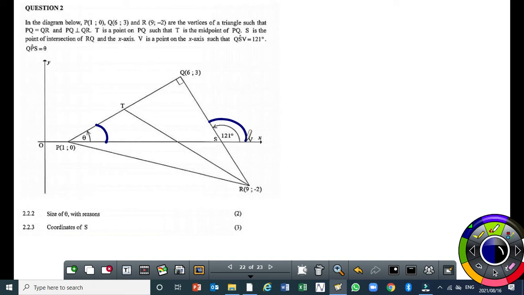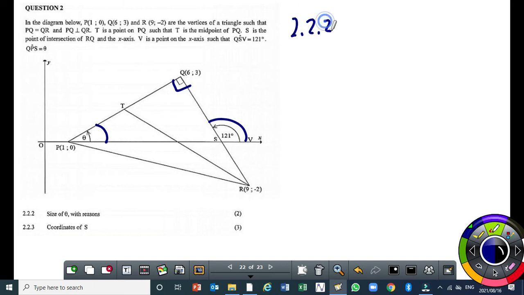The good thing is you've done Euclidean geometry this year already. So some of the concepts from Euclidean, you need them here. To calculate theta, it's going to be very easy because this angle here is 90 degrees. So 121 is going to be 90 plus theta. So that will be very easy.